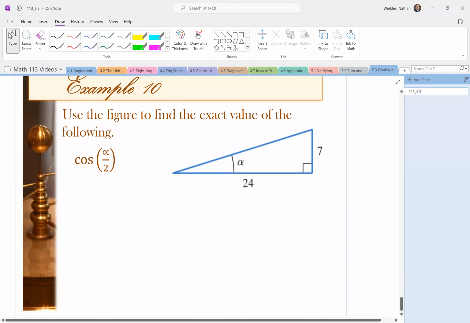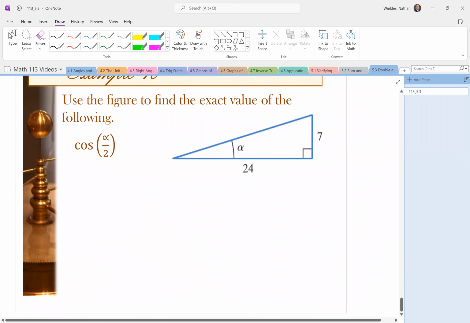All right, so we want to find cosine of alpha over 2 given the following. So we need to find our last side here of our triangle.